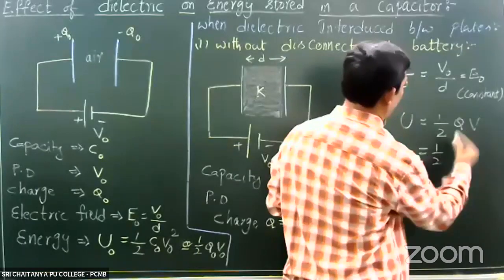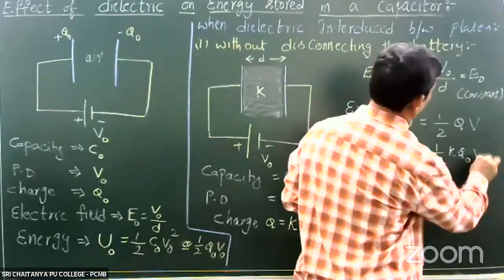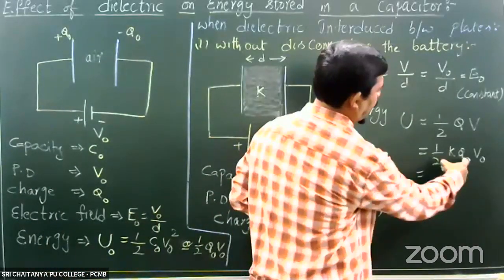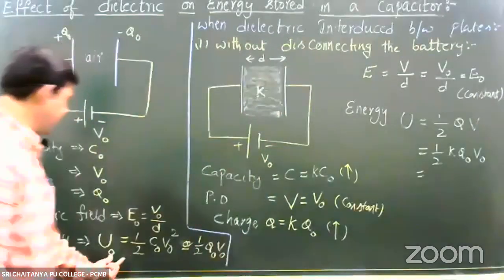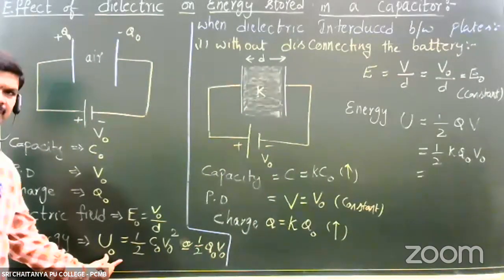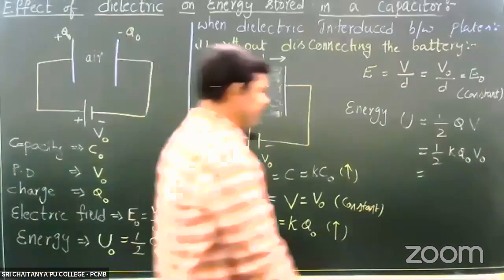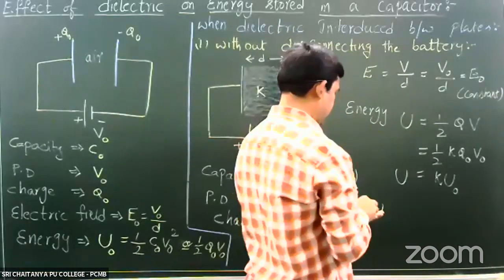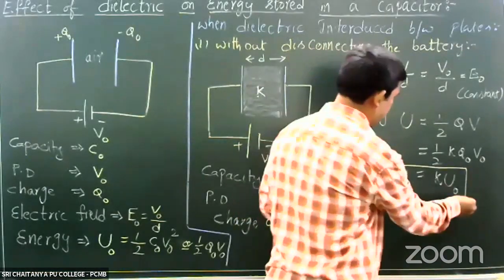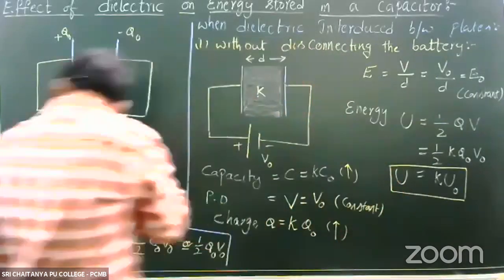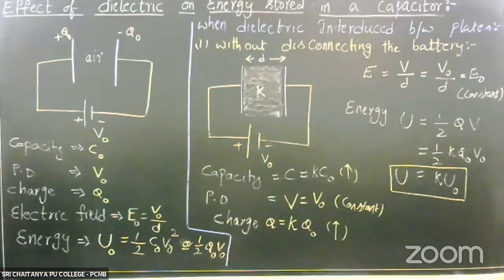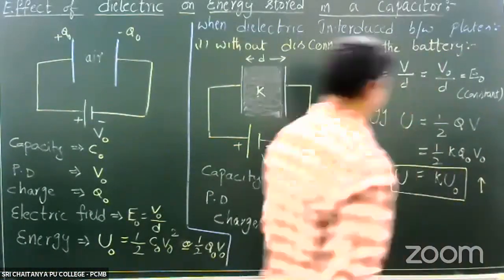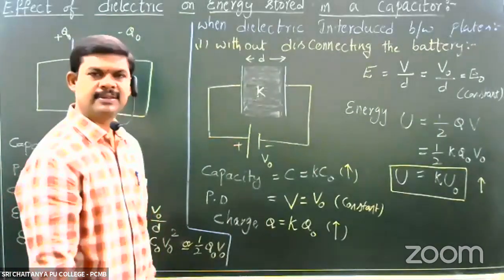Half Q, that is K Q0, V0. Half Q0 V0 is equal to the initial energy U0 before introducing the dielectric. Then here what happened? U is K U0. It is increased by K times. Energy increased by K times. This is the case, right?